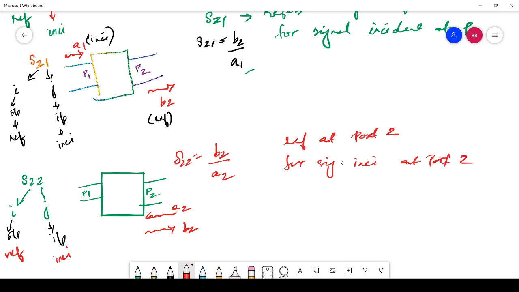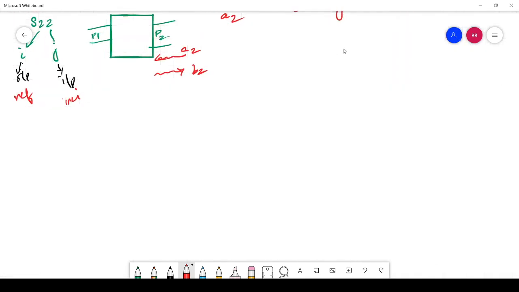Okay, so now you know how to calculate S11, S12, S21 and S22, and you know what they are. Alright, so now with the help of these parameters I can write my reflected wave is equal to my scattering matrix into my incoming or incident wave.